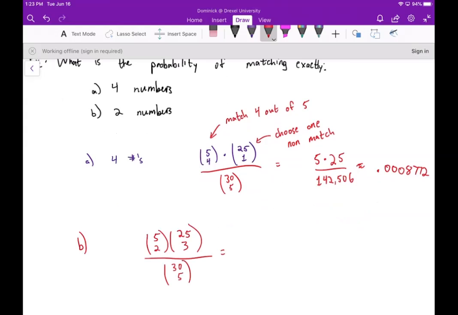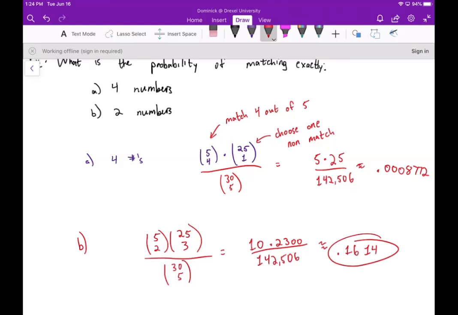So it looks like here, if I do 5 choose 2, let's see what these would be. 5 choose 2 would give me a 10, and then 25 choose 3 would give me 2300, and then over 142,506, that's going to give us a probability of 0.1614 roughly.